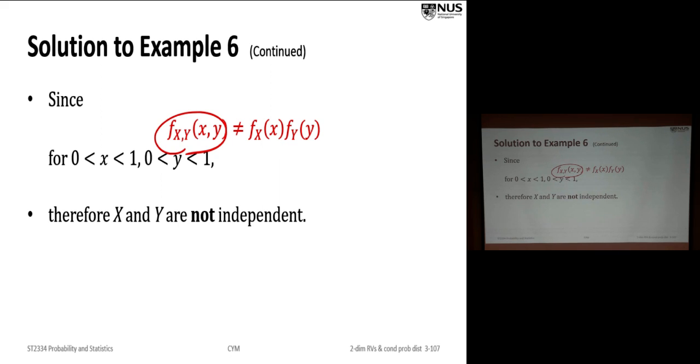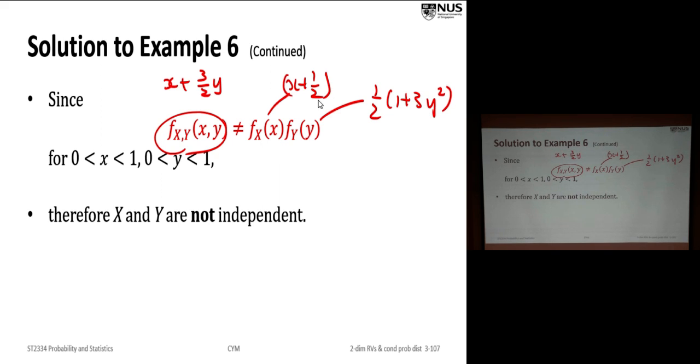So the joint distribution is x plus 3 over 2 y squared, while f of x is x plus half, and f of y is half times 1 plus 3y squared.